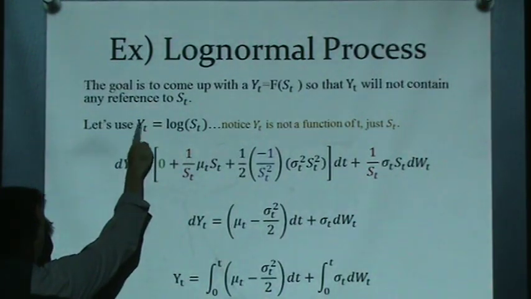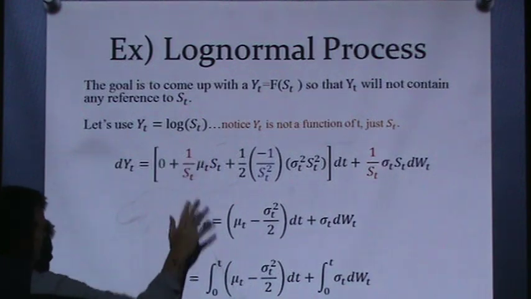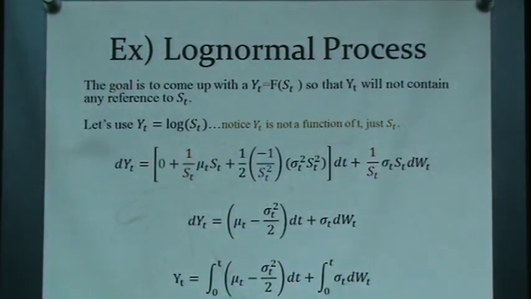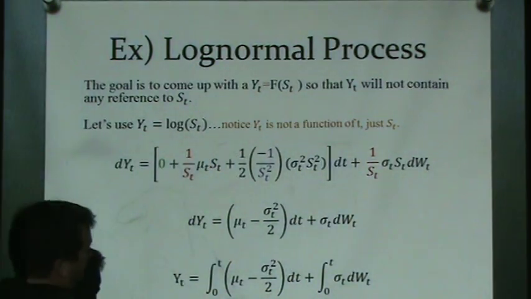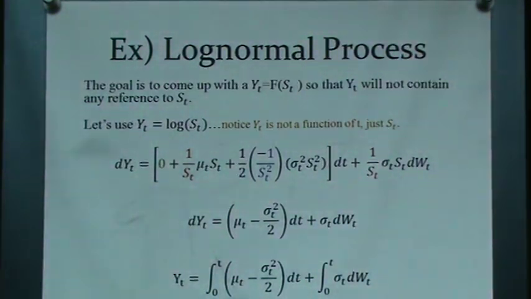But we're going to use the function y of t is equal to the logarithm of the stock. Now notice that y of t is not a function of t, just a function of s. But that's allowed in Ito's lemma. It doesn't have to be a function of s and t, it just could be a function of s.